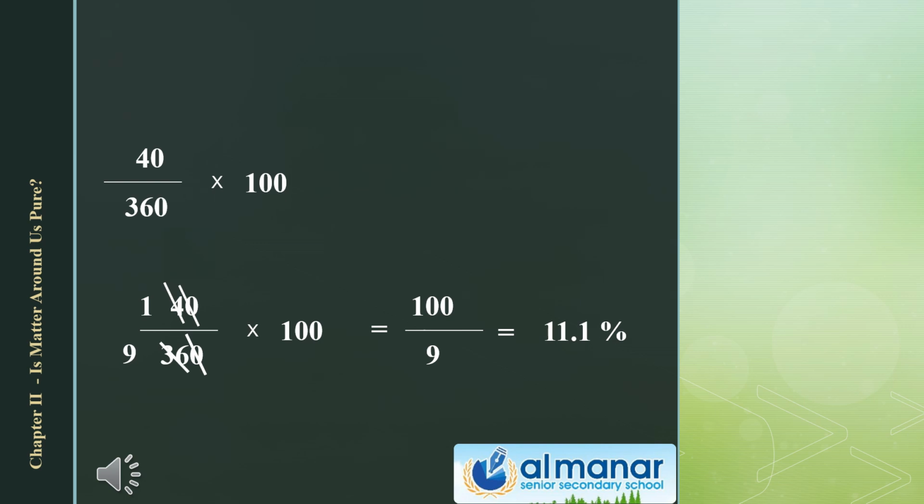Then next is 100 divided by 9. How to do? First, in 10, we can take the number 10. So 1 nine is 9. Then 10 minus 9, 1. Again one more 0 is there. Take it down. So again we get 10. Then in 10, how many 9s are there? Only 1 nine. So 1 nine is 9.